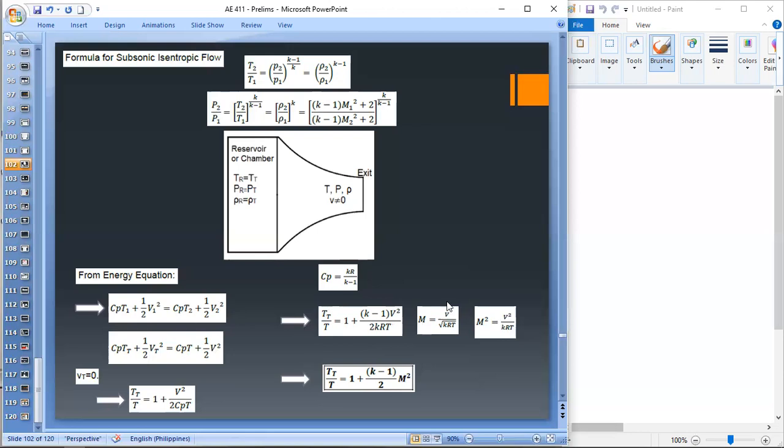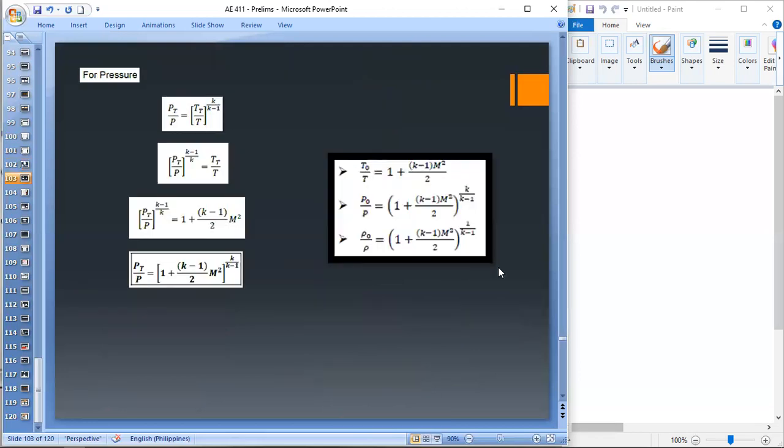Then we'll get this equation. We know the Mach number is velocity over speed of sound. We square it, M squared, to remove the square root below, and then we'll get this formula. Then we apply it to the formula for density, and we'll get total pressure over pressure equals total temperature over temperature raised to K over K minus 1.